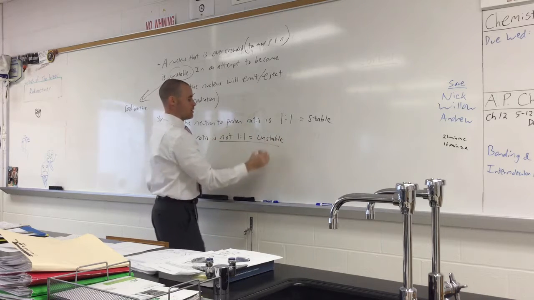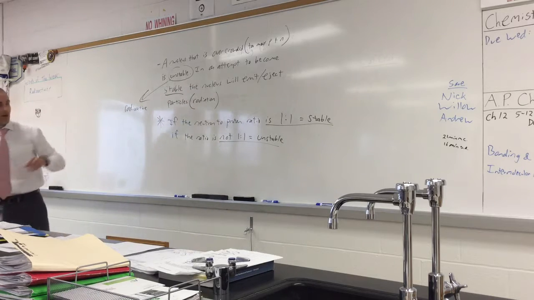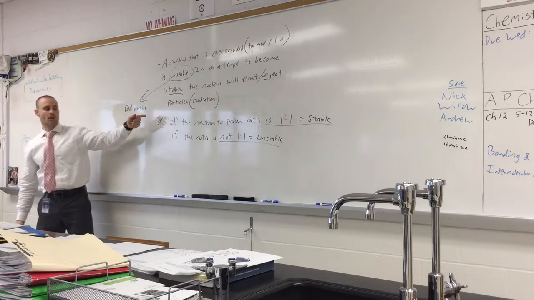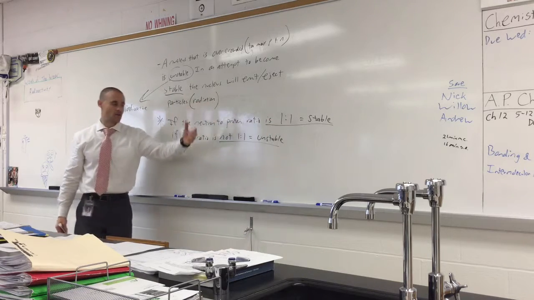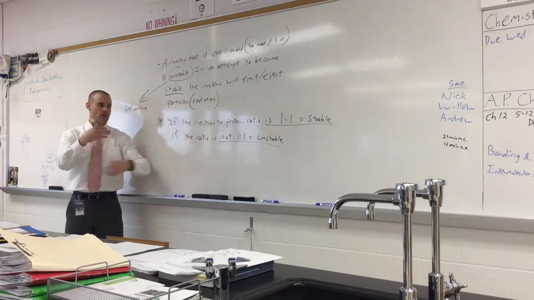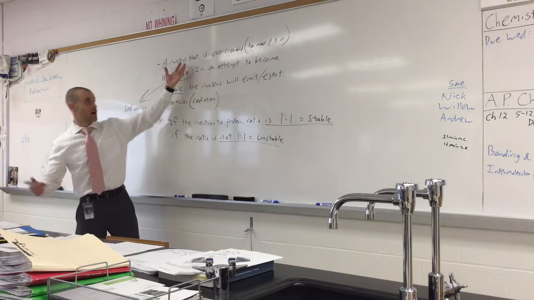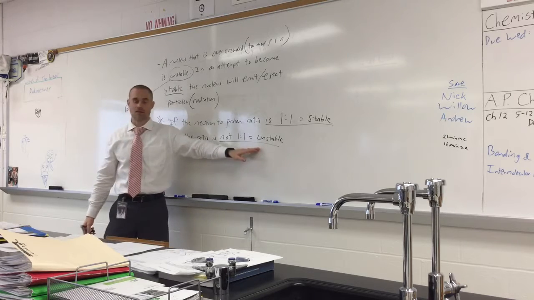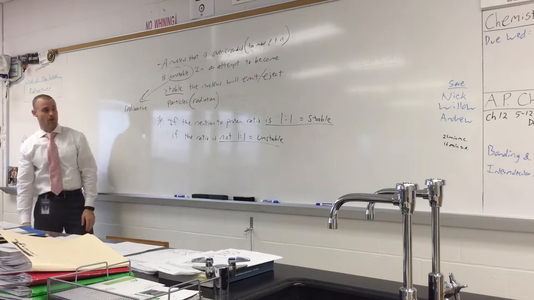So a lot of elements have a neutron to proton ratio of 1:1. That means the nucleus is stable. If you have too many neutrons or too many protons, it screws up that ratio, and that's the overcrowded, unstable nucleus. So it's going to start getting rid of particles to try and get that ratio to 1:1.